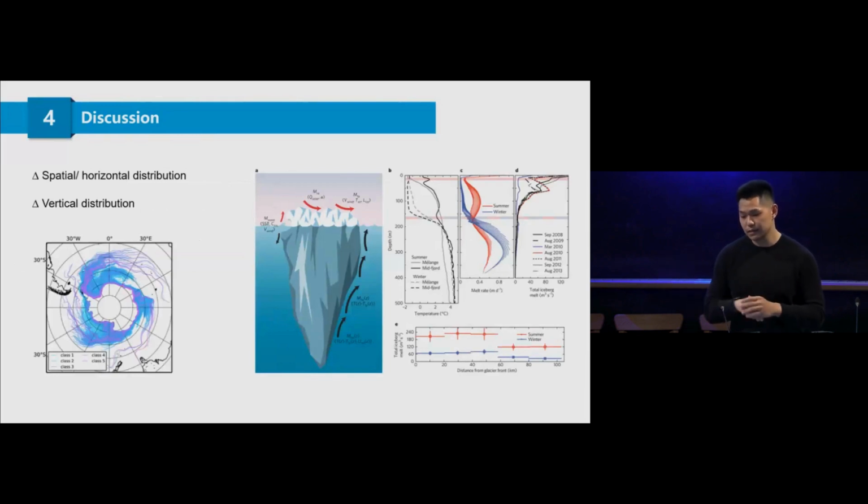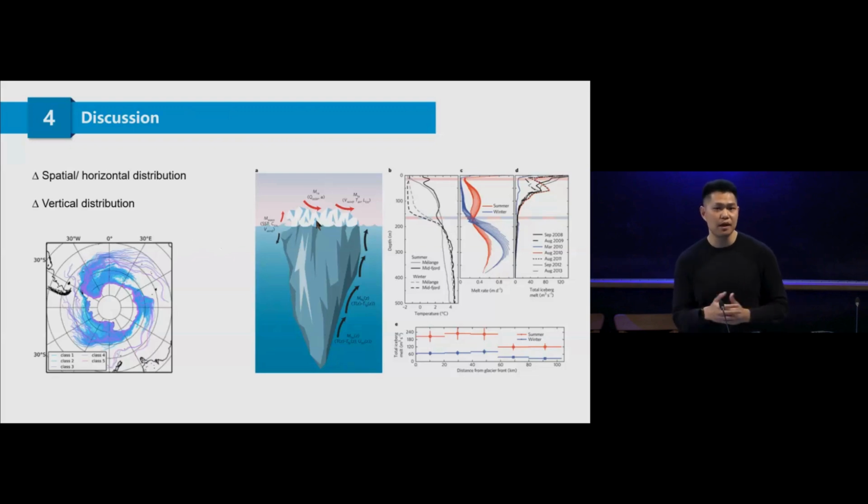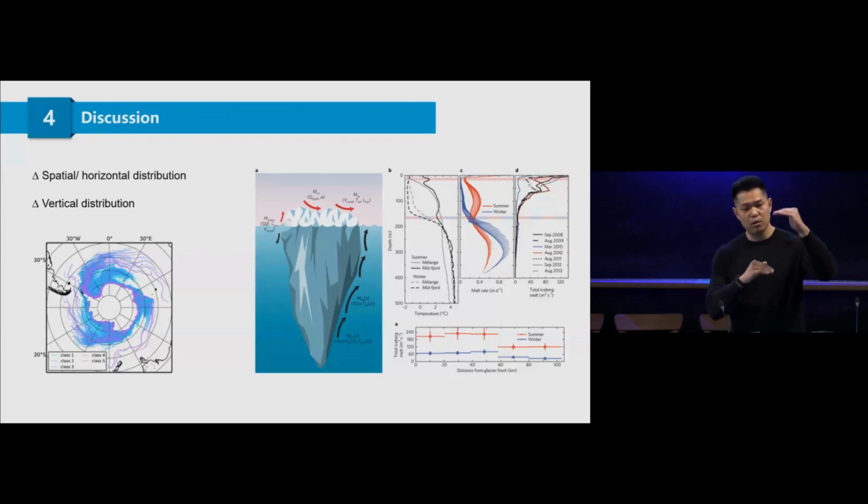The first thing is the spatial, or horizontal, distribution of the meltwater. As highlighted by this study, we need to apply it in a more realistic way rather than just along the coastline. Then there is the vertical distribution, mainly for the basal melt, because some studies have mentioned that 80% of the basal melt occurs in the top 400 meters, but in our setup, we still add the basal melt as a river, as a surface layer, or the top 40 meters.